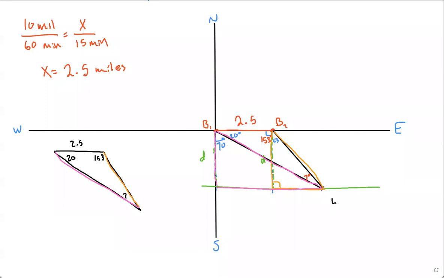I'm going to solve for the orange side. So looking back at the triangle on the left, the orange side is across from the 20. So that's going to be, call it X. It's going to be X over sine 20 equals 2.5 over the sine of 7.